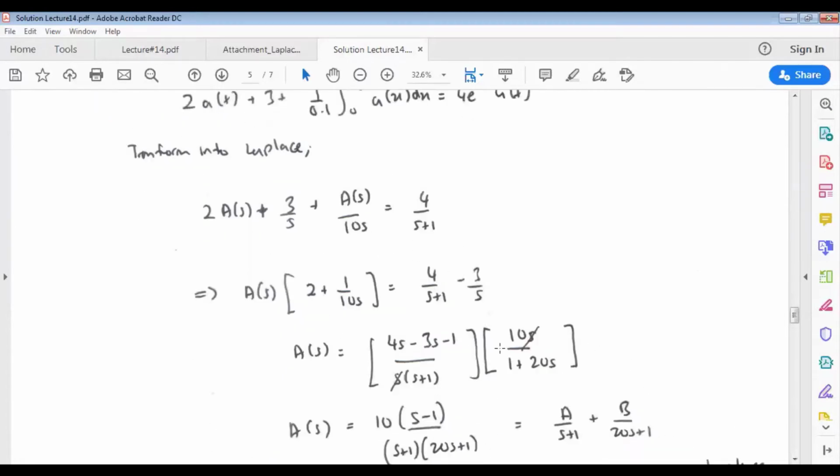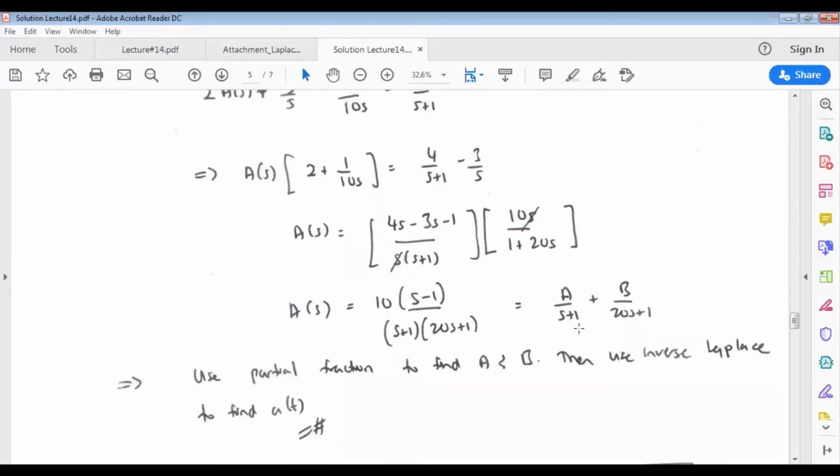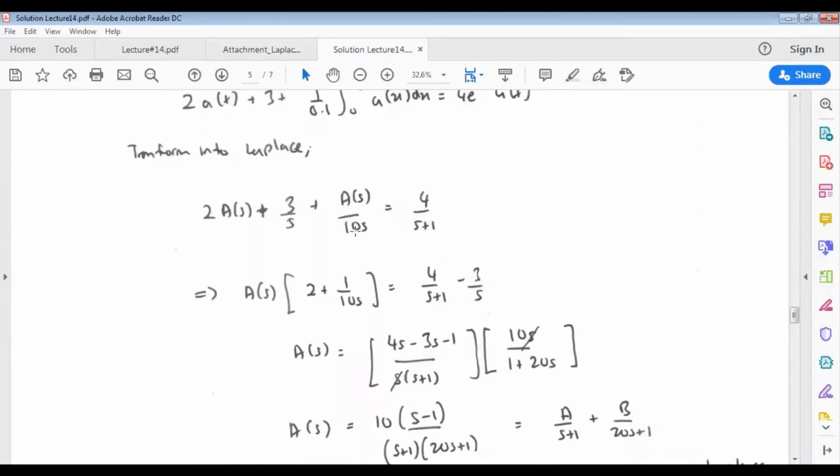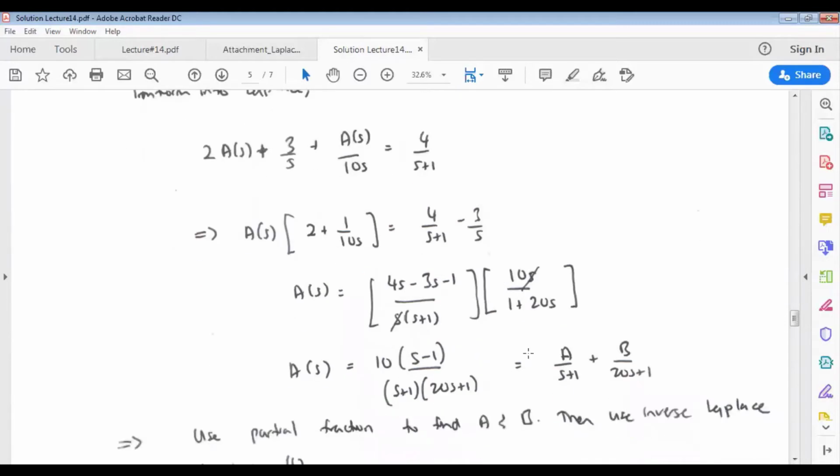But I believe that from what we have learned in the previous part of this lecture 14, the properties of Laplace transform, you can find the final solution to this question. It's my mistake. Sorry for that again.